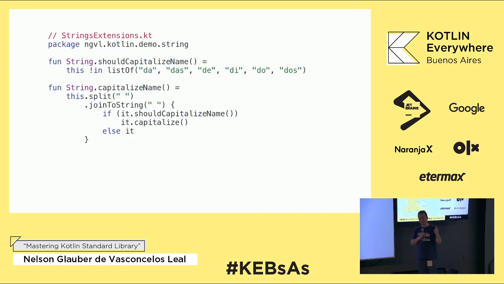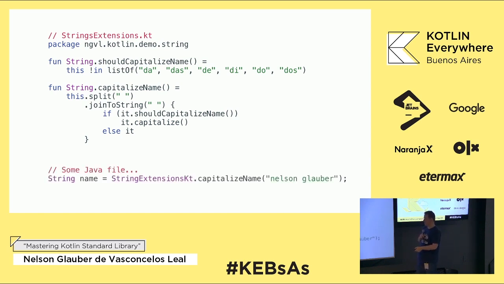Another feature in Kotlin that I think most of the speakers talked about here was extension functions, and it's awesome. But imagine that you have to call these extension functions from your Java code. It's possible here. You just call this StringExtensionsKt. It's weird because the file name is StringExtensions.kt, but we don't have any class here.